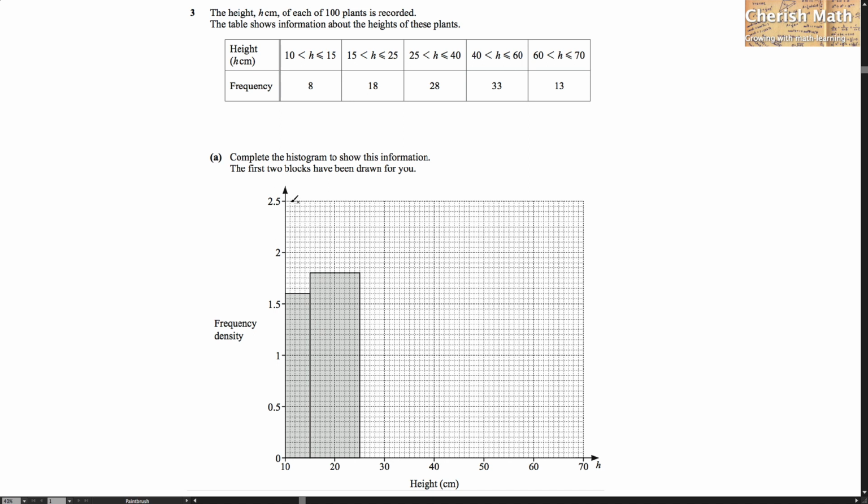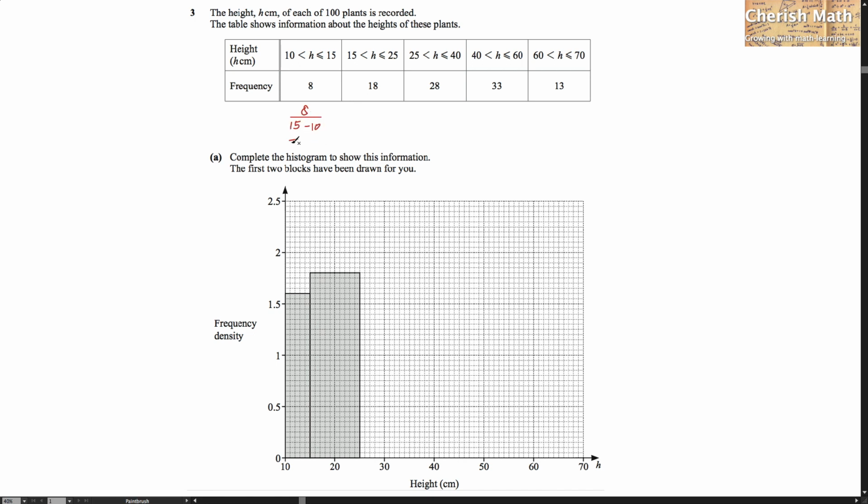Now, when we look at it, on the y-axis, it shows frequency density, and on the x-axis is the height measured in centimeters. We look back again at the y-axis. Frequency density is defined as the frequency divided by the class width, which is 15 minus 10.